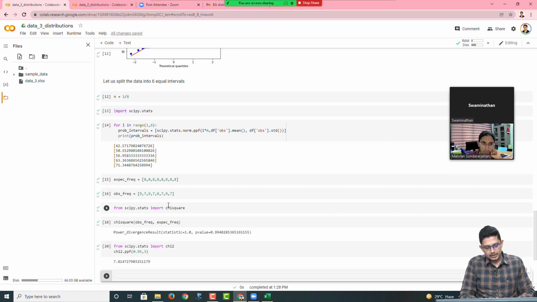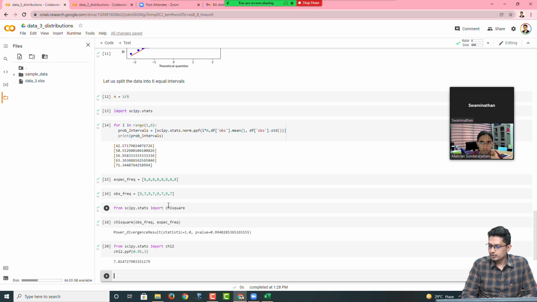So now let's check it with the tabulated value, for which I'm using the library scipy.stats, and the syntax is chi2.ppf. And we have 2 arguments. One is 0.95 and the other is 3, where 0.95 is the confidence level, say 95%, and 3 is nothing but the degrees of freedom.